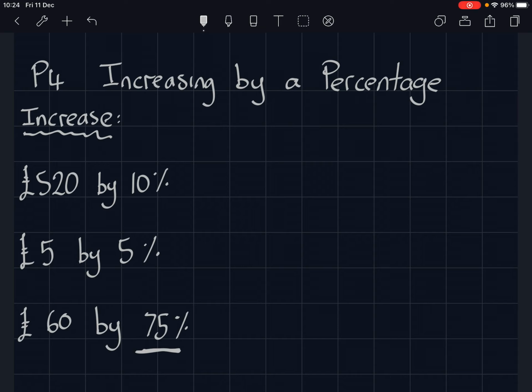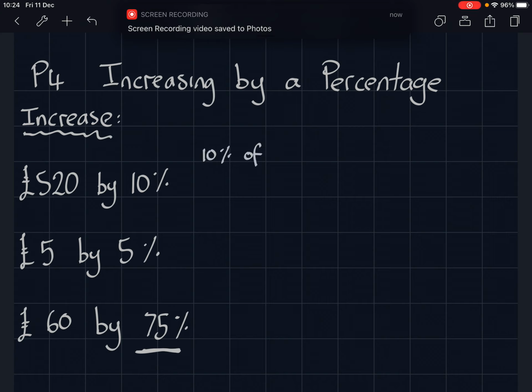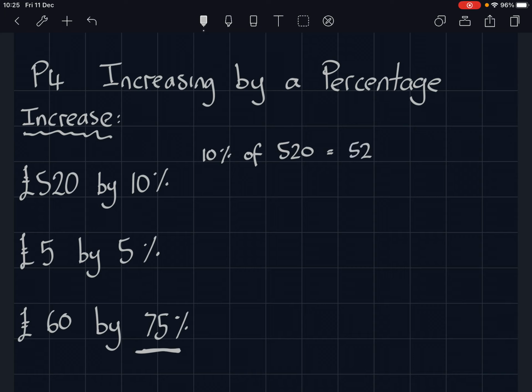So in previous videos we looked at finding 10% of a number. So 10% of 520. To find this, we divide the number by 10. So 10% of 520 is 52 pounds. So that's the increase.